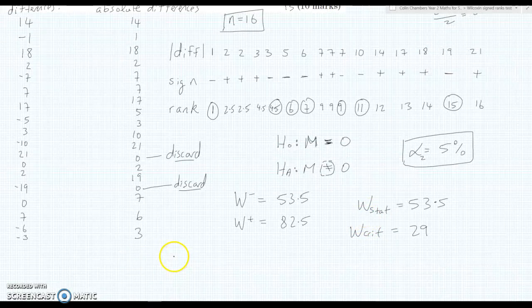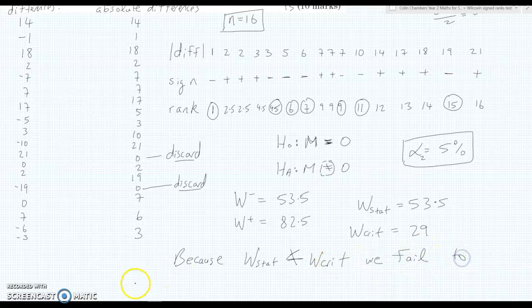Now, because W stat is not less than, so this is our less than sign, and I'm putting a line through it, W stat is not less than W crit. Because W stat is not less than W crit, we fail to reject the null hypothesis.